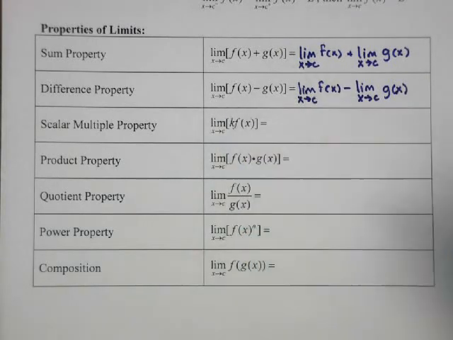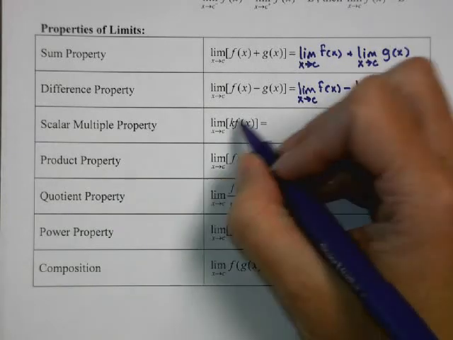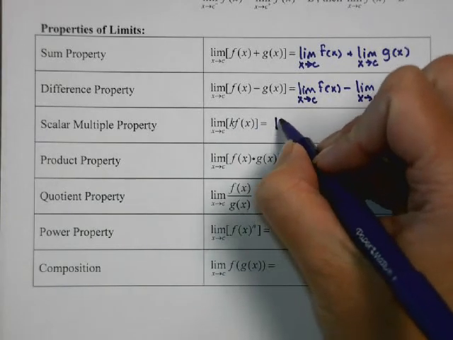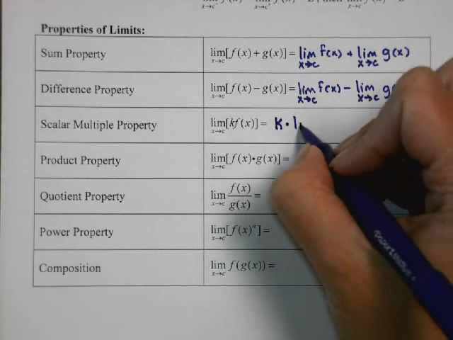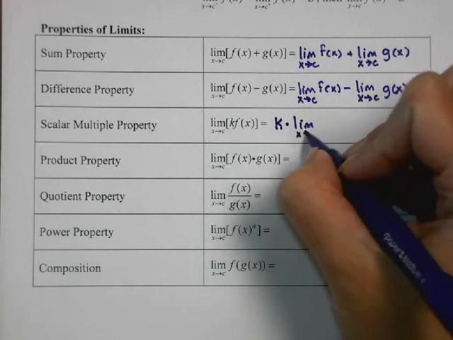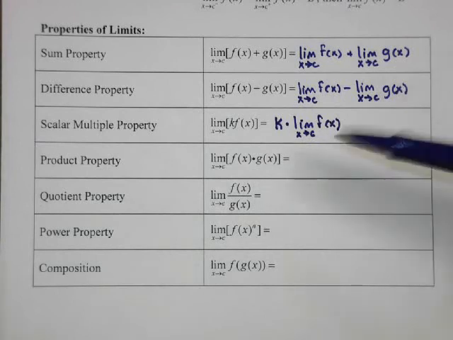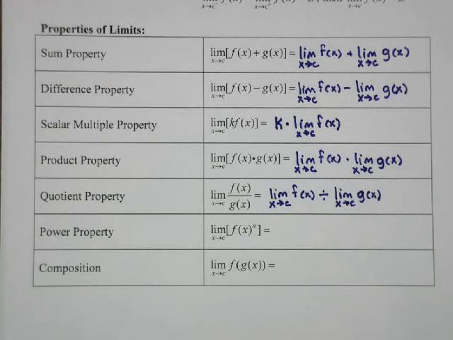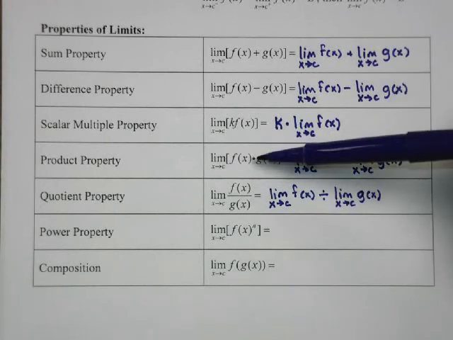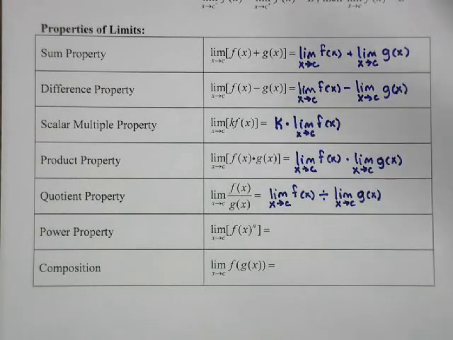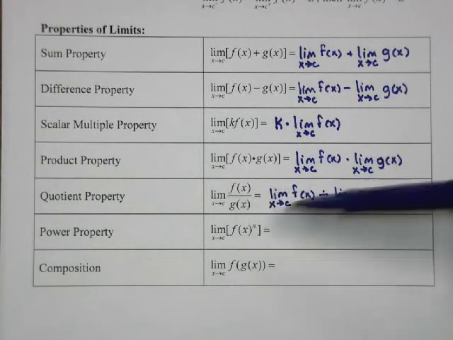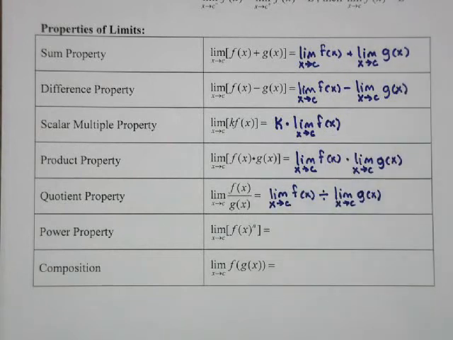This k is a constant. So this limit is going to be k times the limit as x goes to c of f of x. Multiplication and division are going to follow. So if we're multiplying the two functions, we can multiply the two limits. If we're dividing the two functions, we can divide the two limits.